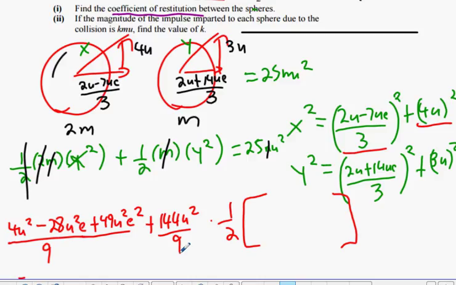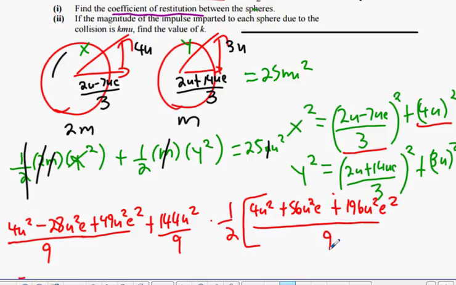We're right with that. Now, square this out, 2u by 2u, 2u by 14ue, double it, 14 by 14 is 196, and 196u squared e squared all over 9.